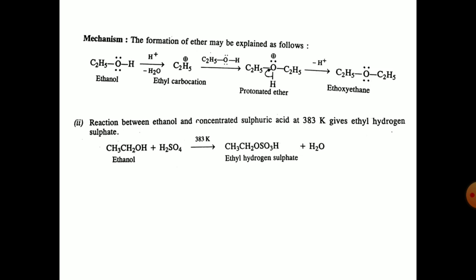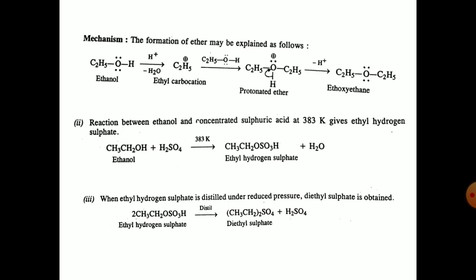So CH3CH2OSO3H plus water is formed. This compound is known as ethyl hydrogen sulfate. When ethyl hydrogen sulfate is distilled under reduced pressure, diethyl sulfate is obtained, which is given here. 2 moles of CH3CH2OSO3H gives rise to (CH3CH2)2SO4 plus H2SO4.